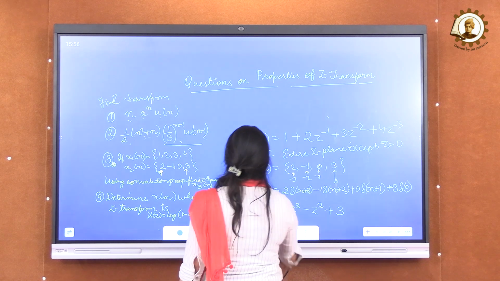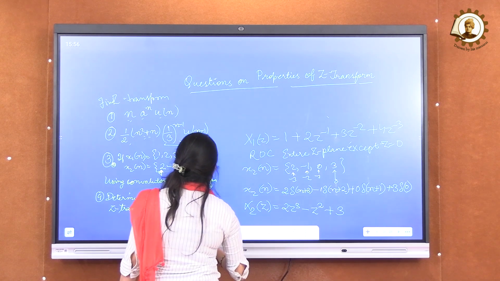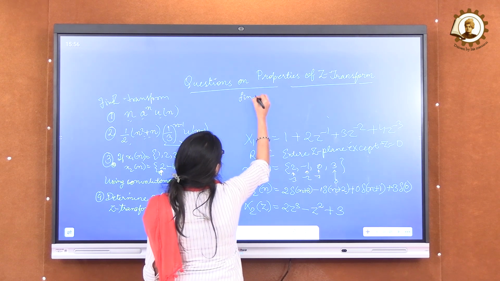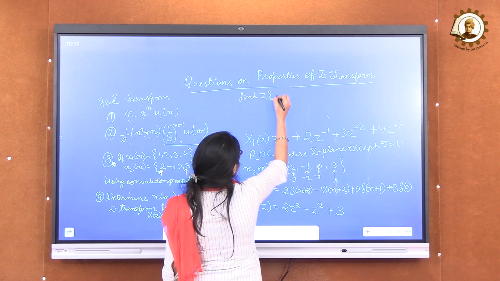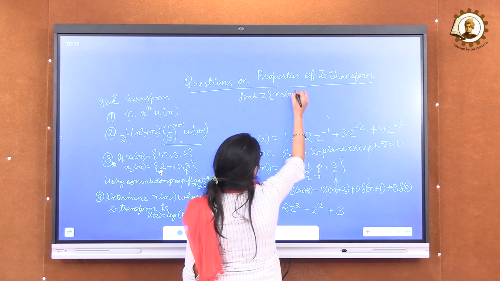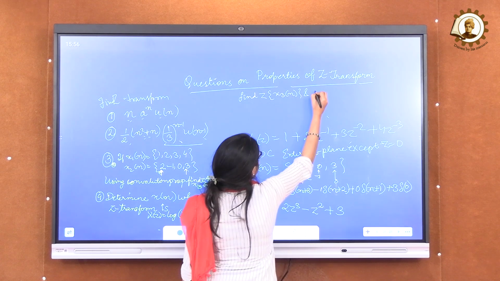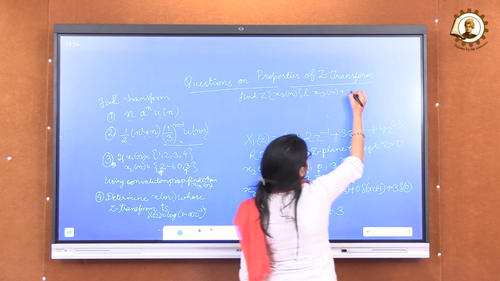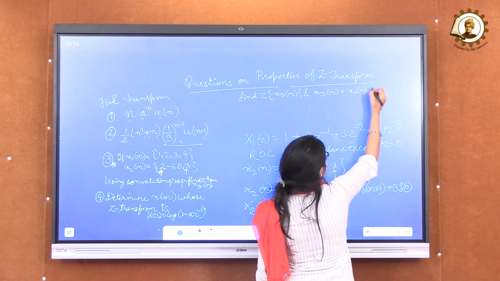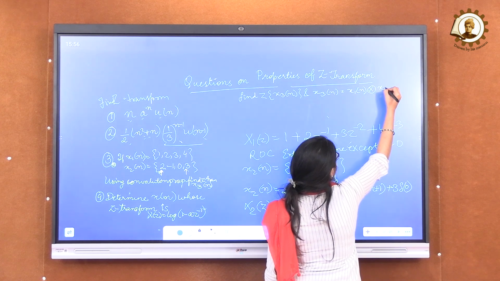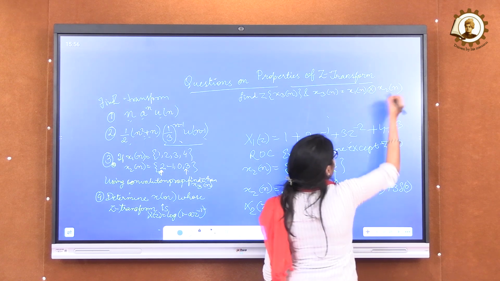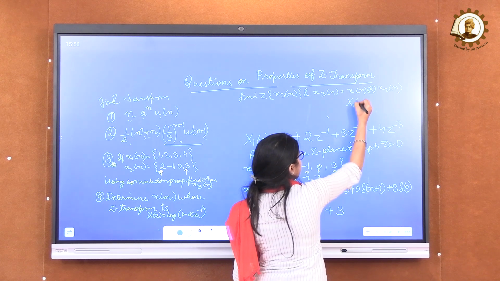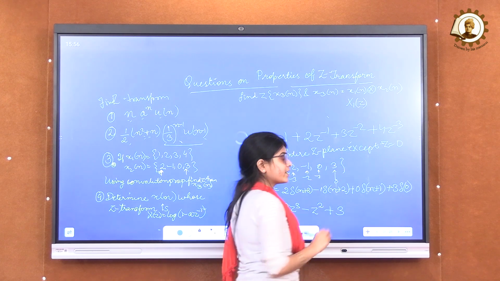So the question is that you have to find the z transform of x3[n], and x3[n] is equal to the convolution of x1[n] with x2[n]. So what we need to do is, first we need to find the z transform of x1[n], which is X1(z), we have already got.